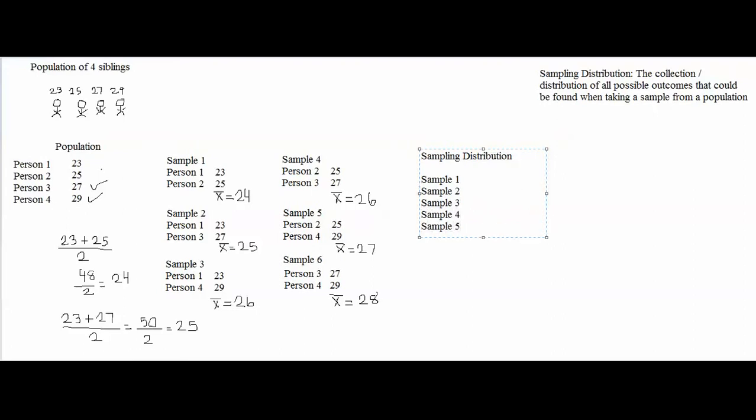And we're just going to write out the mean of each possible sample. Sample 1 had a mean of 24. Sample 2 was 25. Sample 3 had a mean of 26. I'm just writing out the mean of each of the 6 samples. These are all of the x bars that we have over here.